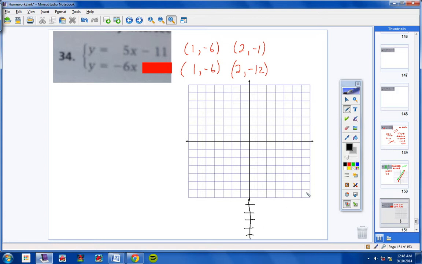All right, here we go. 1, negative 6: over 1, down 1, 2, 3, 4, 5, 6. There's 1, negative 6. And then over 2 and down to negative 1. Okay, so there's the line right there for the first equation.